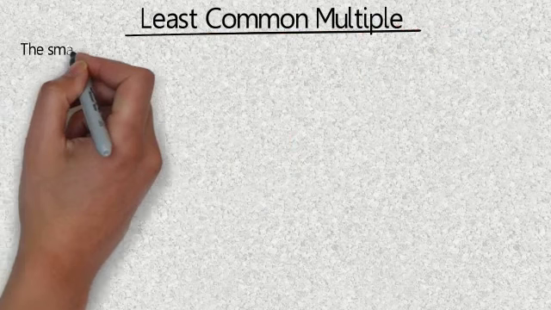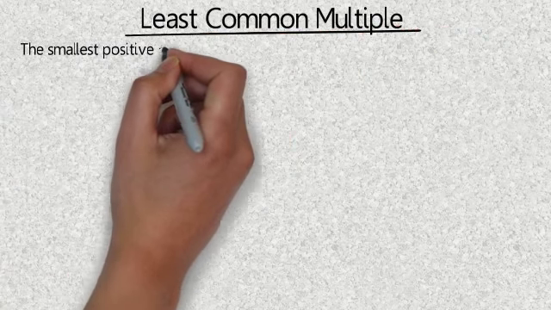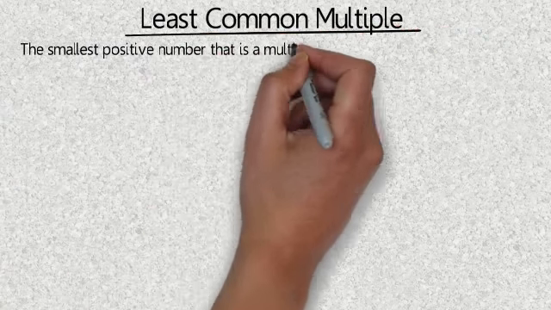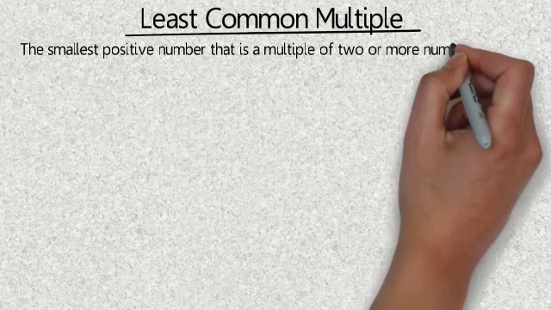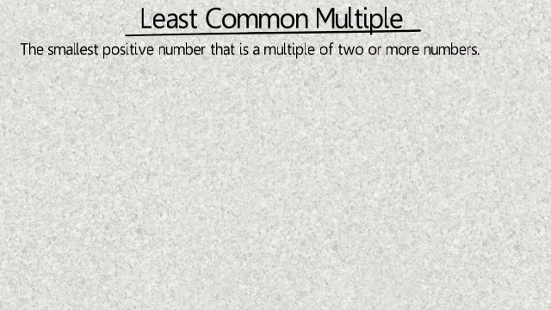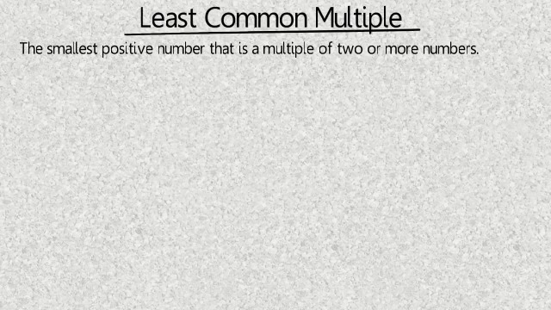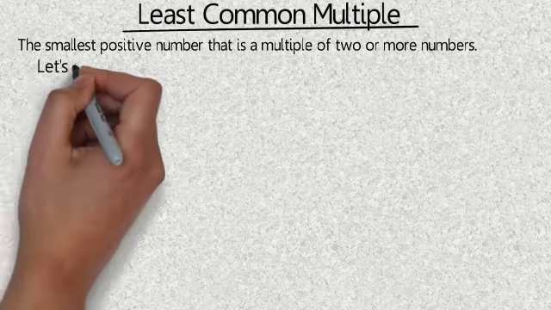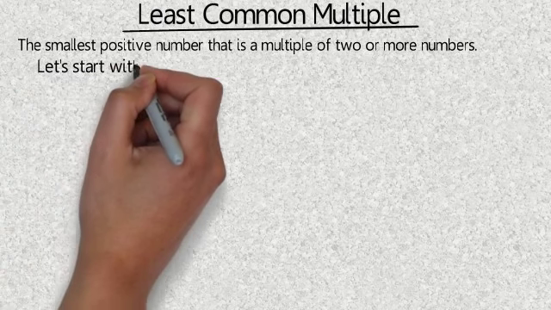It is the smallest positive number that is a multiple of two or more numbers. Did you get that? So, a positive number that is a multiple of two or more numbers is called the least common multiple.